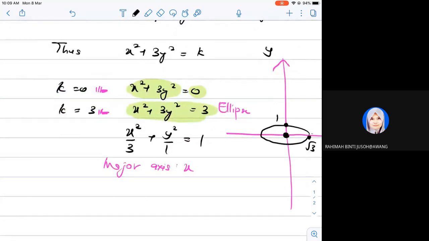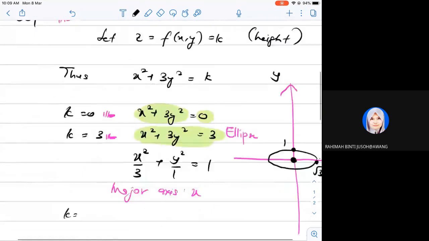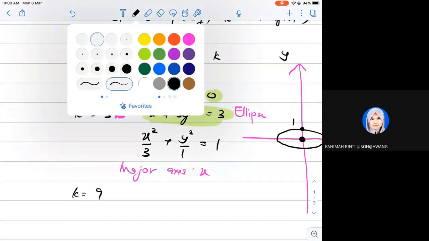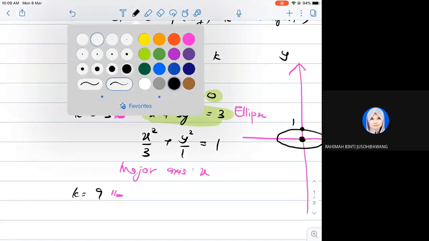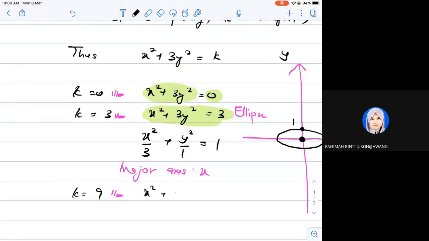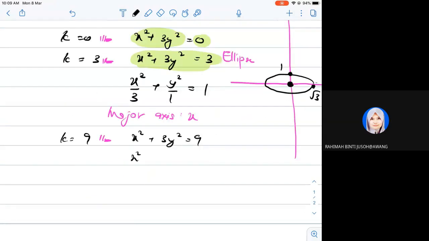Okay, next we have k equals to what? Equals 9. If we continue substituting the values, we have x squared plus 3y squared equals 9. Therefore, x squared over 9 plus y squared over 3 equals 1.